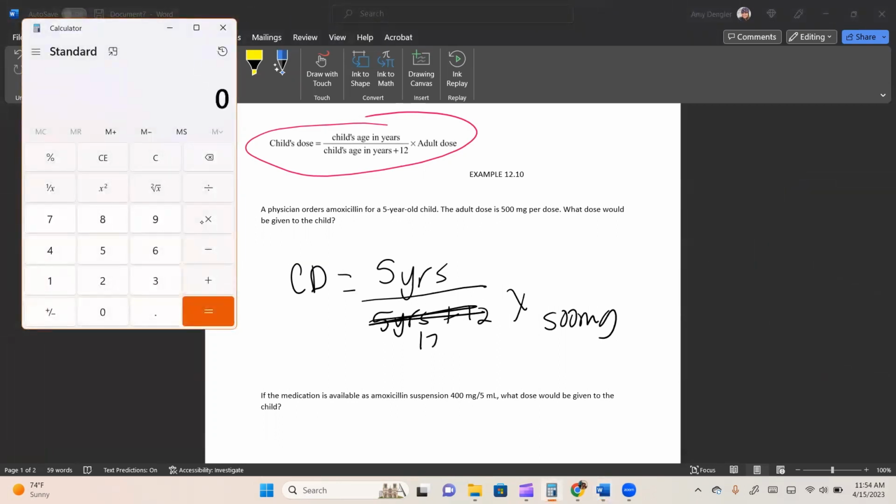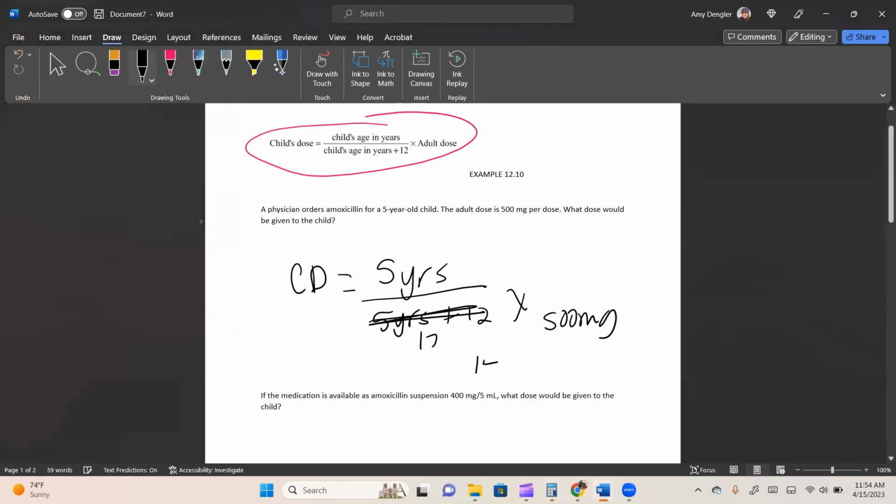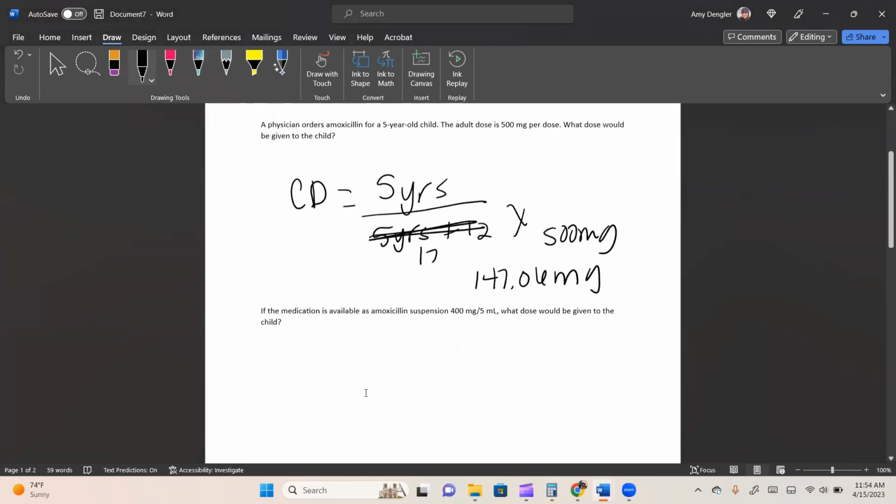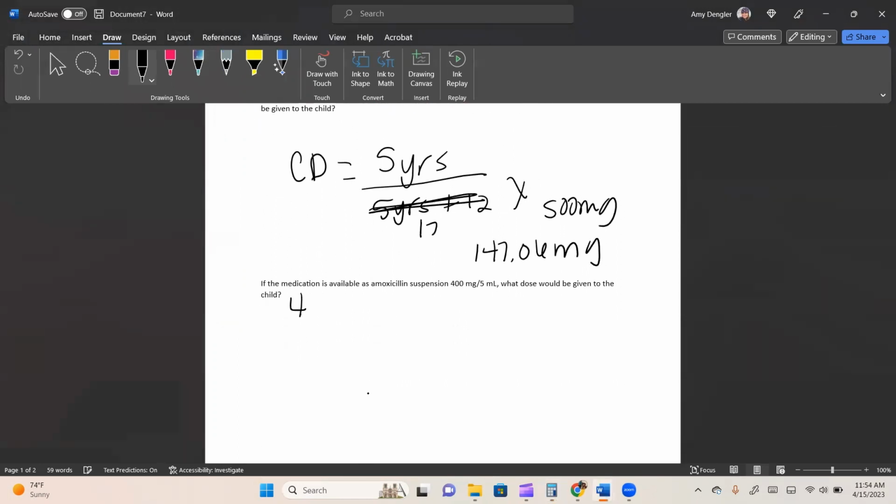So now I can do my math. 5 divided by 17 times 500, which is going to give me 147.06 milligrams. And if the medication is available in 400 milligrams over 5 ml, how many ml do we need to give?